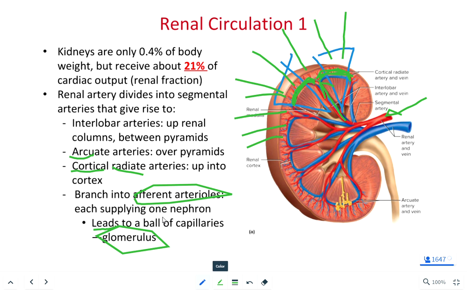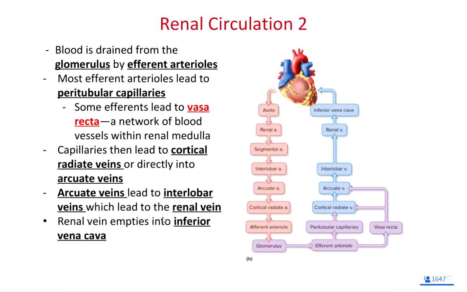From that glomerulus, there are two pathways the blood can take as it's leaving our kidneys. Our blood, depending on what kind of nephron we're looking at, will go to two different secondary capillary beds. The blood will leave the glomerulus through the efferent arteriole, and then will go mostly to a structure known as the peritubular capillaries.